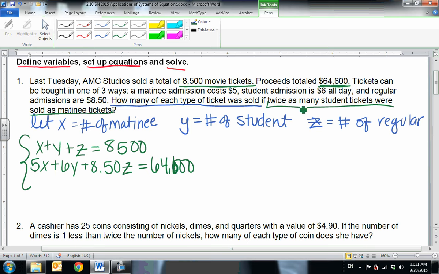Twice as many student tickets were sold as matinee tickets. So when you see one like this, I want you to think, which one did you sell more of? Student. So whichever you sell more of, that's what's going to be with the equals. So Y equals twice the number of matinee. So 2X.